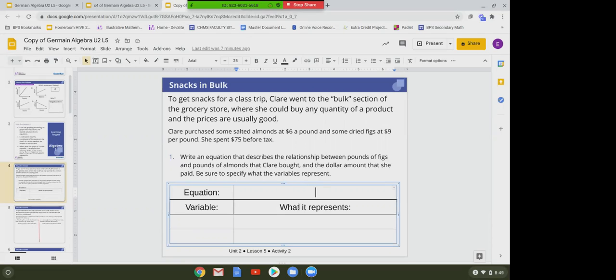I did 6x plus 9y equals 75. Wonderful. And what were the variables that you chose to use here, Sadie?